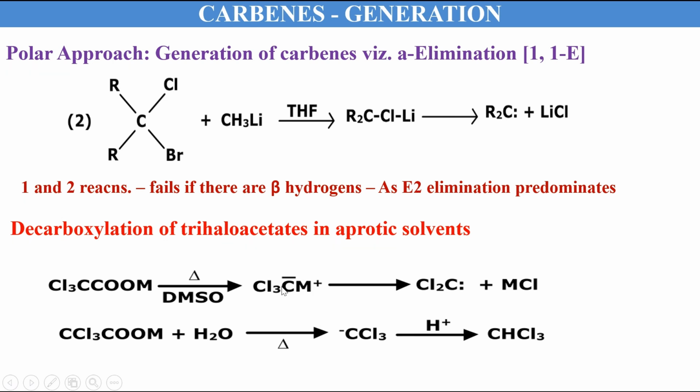Then the carbon-chlorine bond breaks, the chlorine moves out with its electron pair and combines with M+ to give the corresponding MCl, giving rise to dichlorocarbene. This is the third approach of generation of carbene.